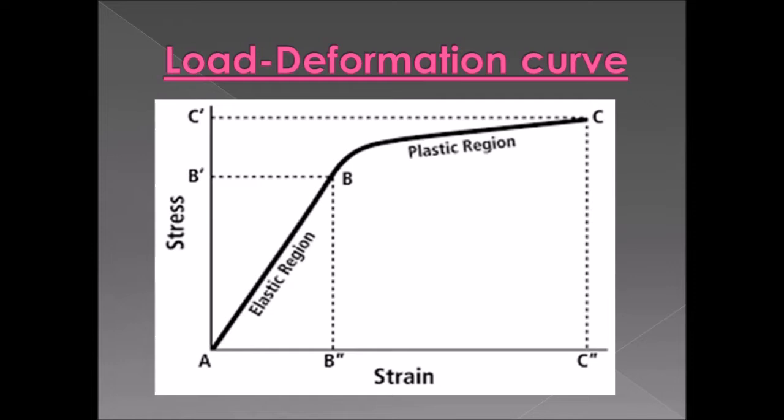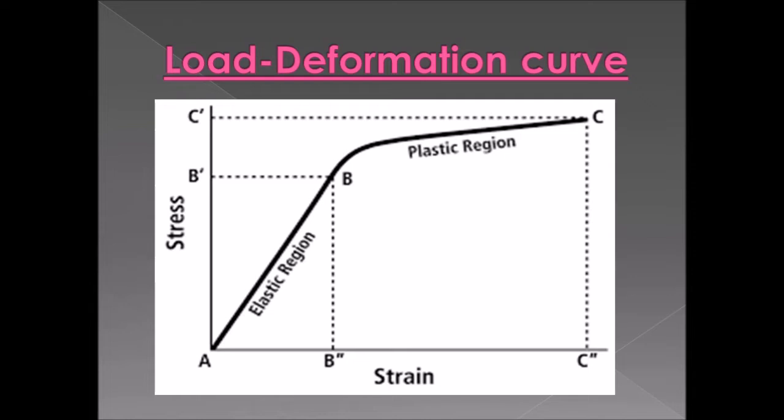So after point B, what is point B? Point B is the yield point, that is at the end of the elastic region. The material that goes under loading beyond this yield point will no longer immediately return to its original state when the load is removed, although it may recover in time.